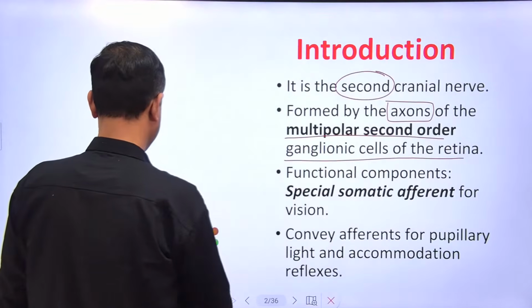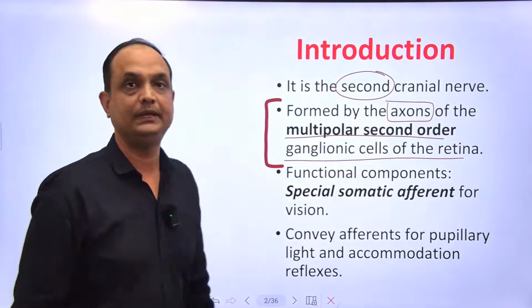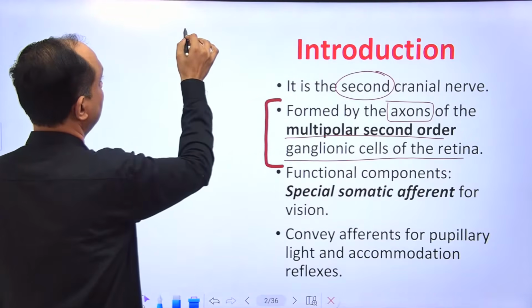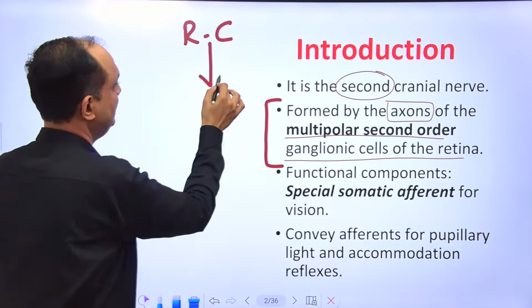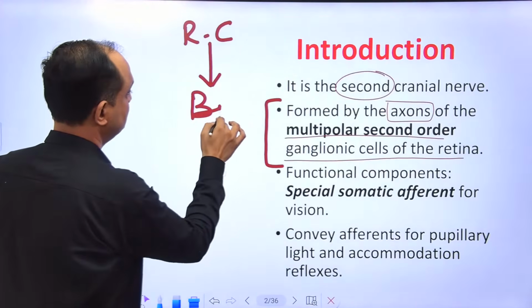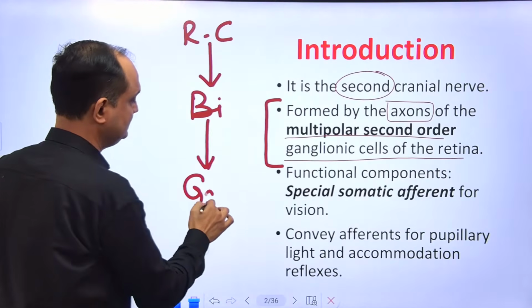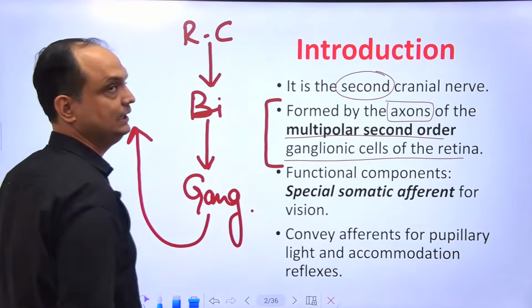This line is very important, because the rods and cones are the photoreceptors and their sensations are received by the bipolar neurons. These bipolar neurons further make synapse with the ganglionic cells, and the axons of the ganglionic cells come out from the retina.